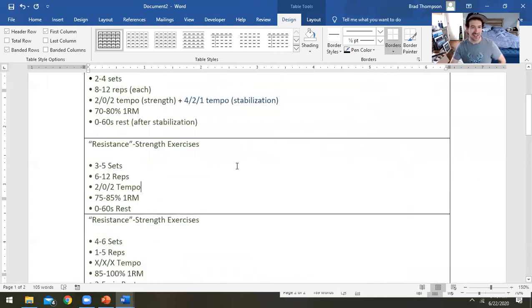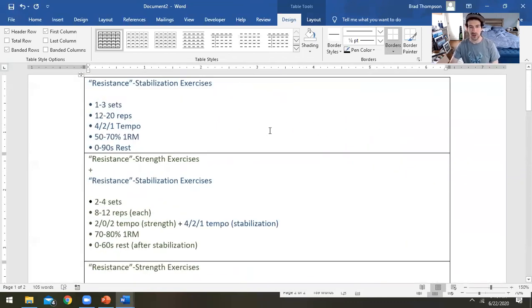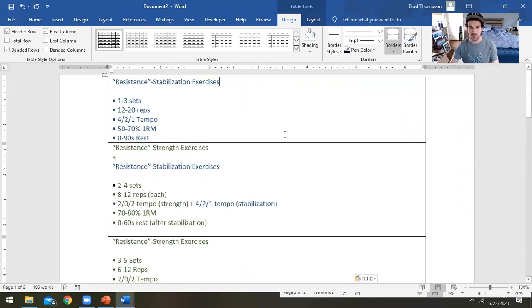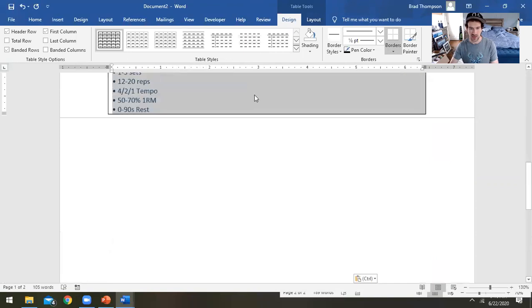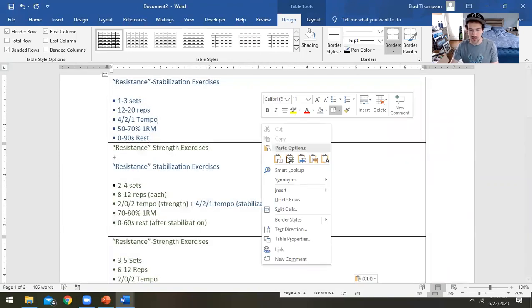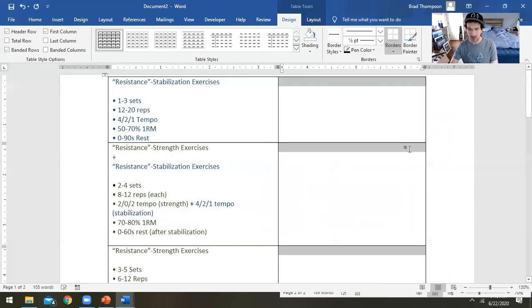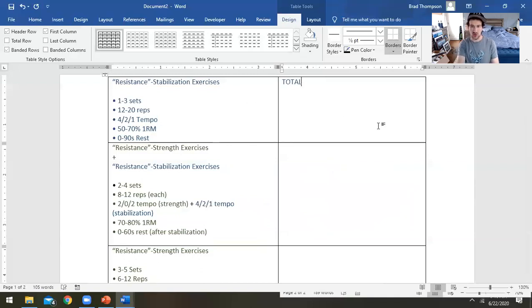All right, so let's take a look at our total volume here for resistance stabilization. We'll insert a column to the right, and we'll label each of these total training volume.